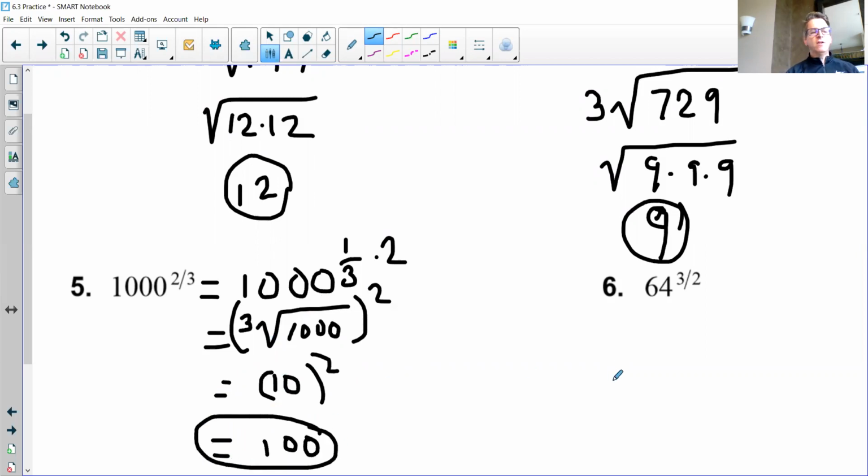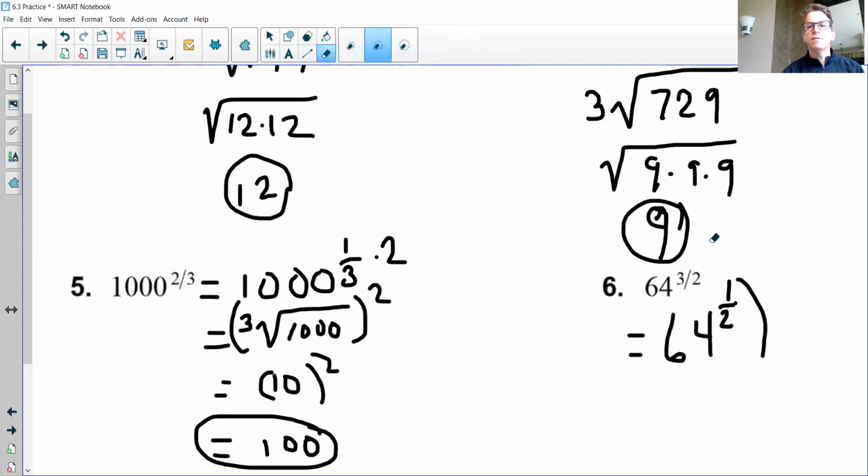Number 6, 64 to the 3/2. 64 to the 3/2 is the same as 64 to the 1/2 power times 3. So this is a square root of 64.